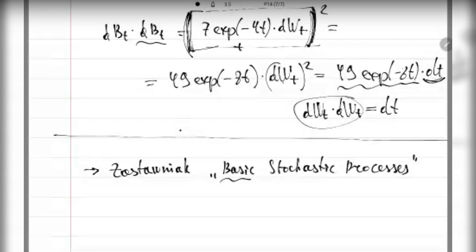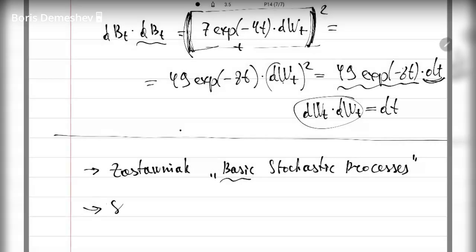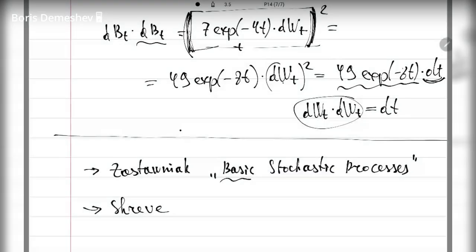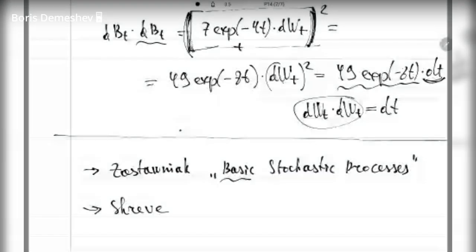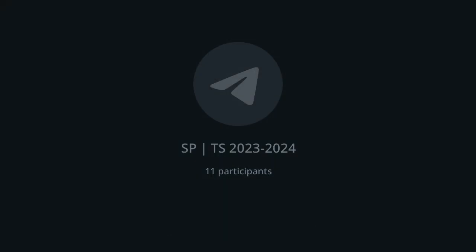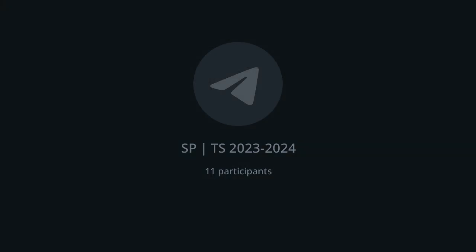I think that's a good book with some worked examples. The classic reference is Shreve, but I think that's harder. There are 2 volumes by Shreve. I think it's called Stochastic Calculus with Financial Applications. I don't remember exactly, but if you Google Shreve, 2 volumes, it's called Stochastic Calculus.